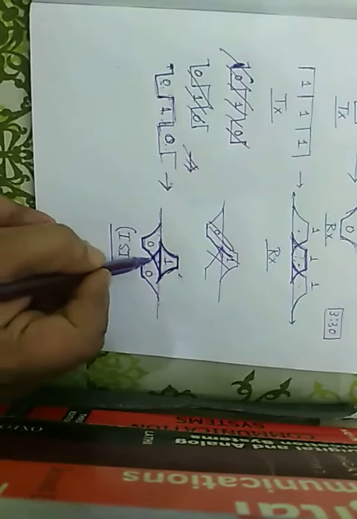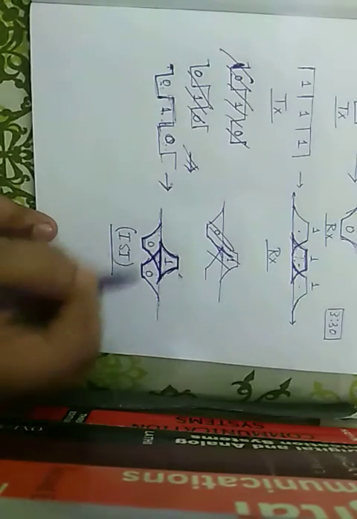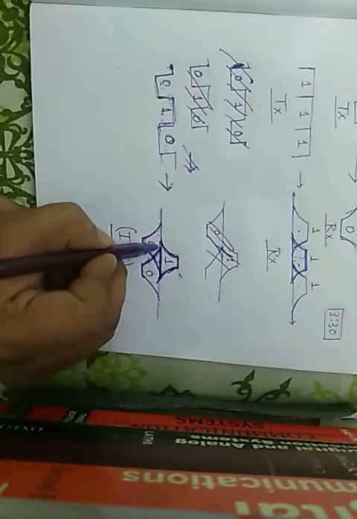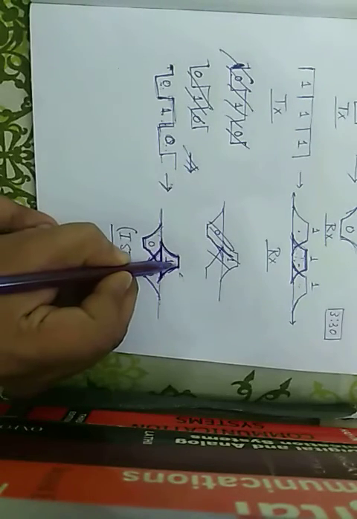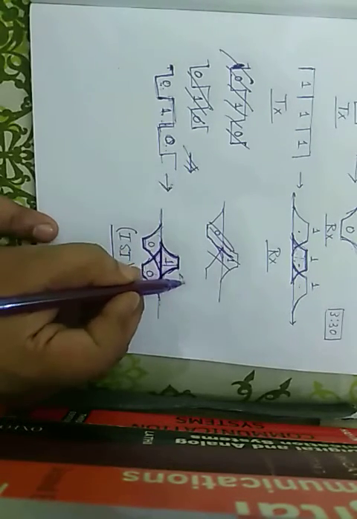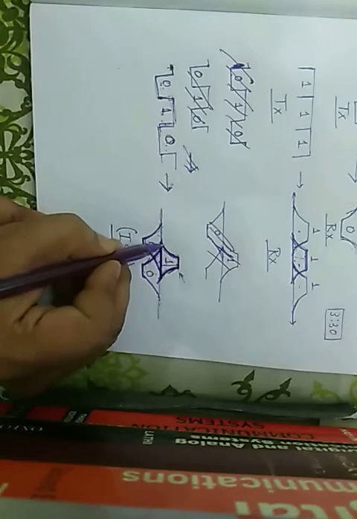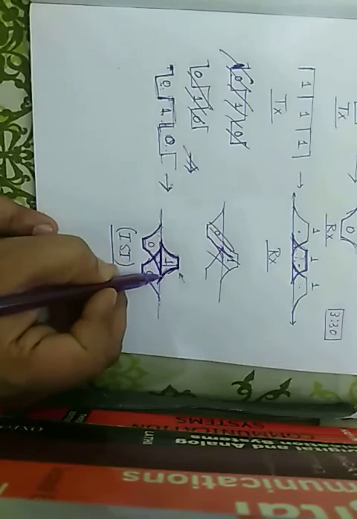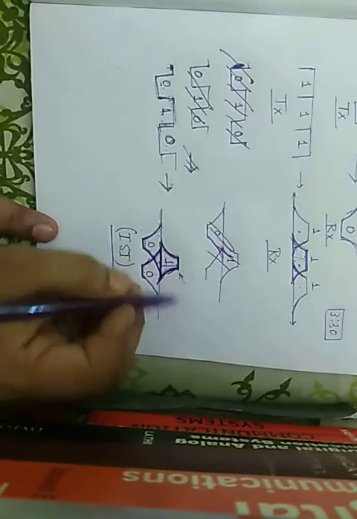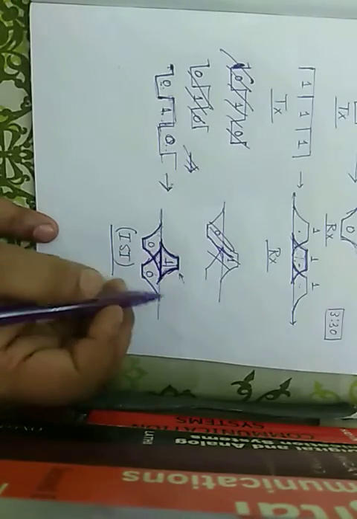But due to ISI, what is happening? If there was no ISI, only in this region a positive pulse would be existing. So when the receiver samples the height of the pulse, it would get a positive height, and it will say this is a 1.